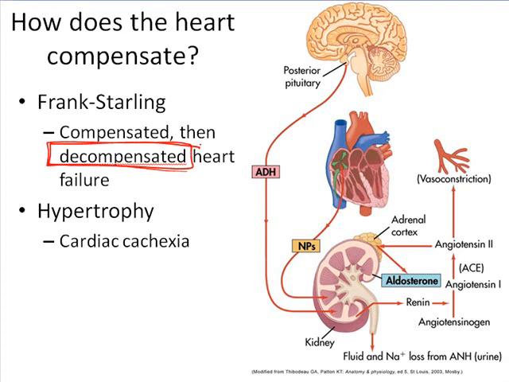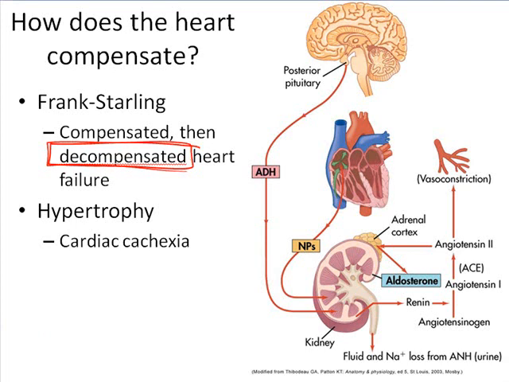And the reason for that is that the more you stretch the heart myocytes, over time you get cytoskeletal alterations. Some of the myocytes even undergo apoptosis. You get altered extracellular matrix, remodeling of the extracellular matrix, and all of these together contribute to a loss of compensatory mechanisms from the Frank Starling law.